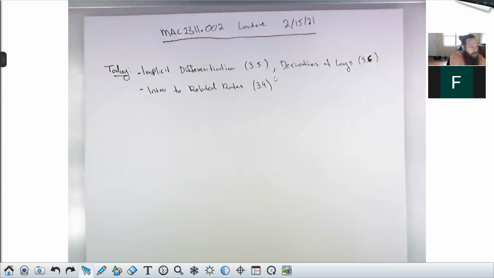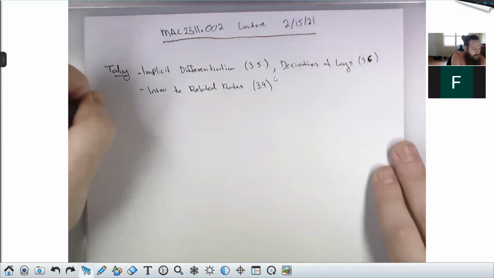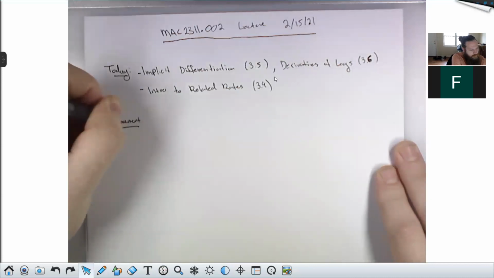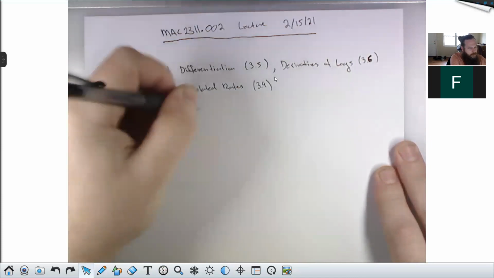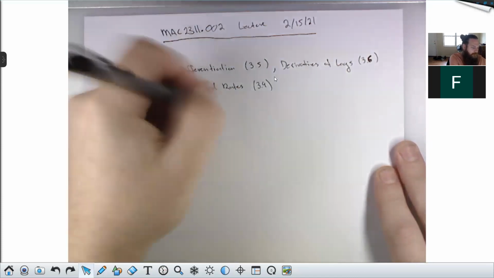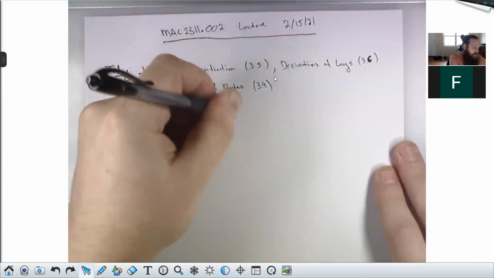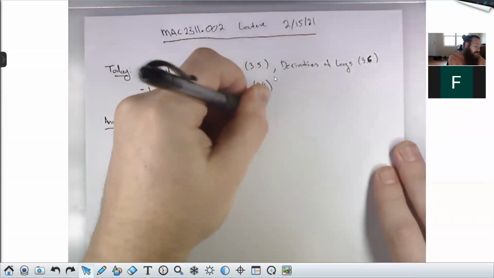What else should I say? Oh, there will be a new homework. Just to make sure everybody's clear on what's going on. Homework 6 will open today and will be due next Monday.